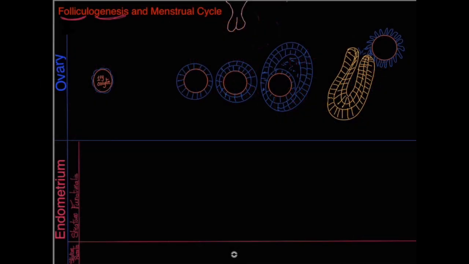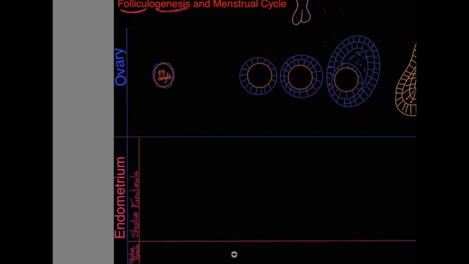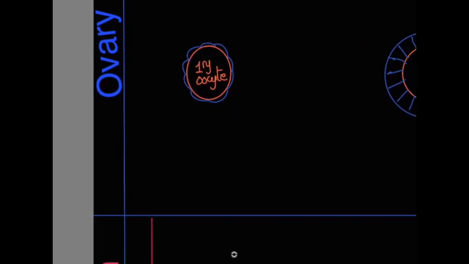Alright, so moving on to our next topic in the female reproductive system, it's going to be folliculogenesis and the menstrual cycle. Folliculogenesis, from its name, is simply the genesis, the production, of follicles. What is a follicle? Remember the name of the eggs kept in the ovary.